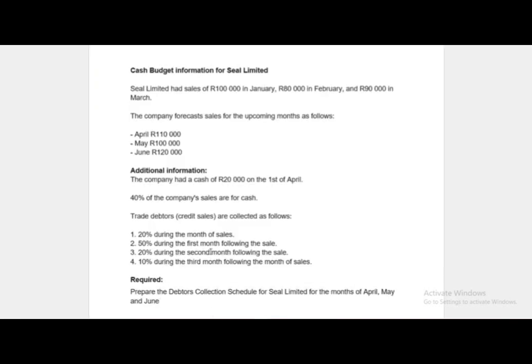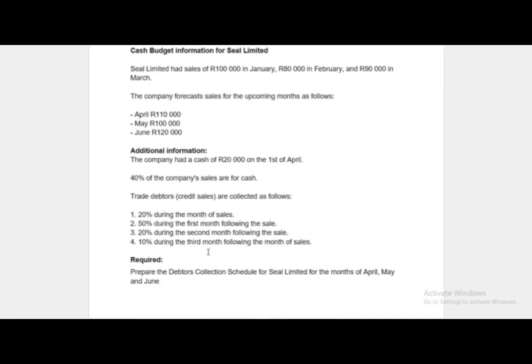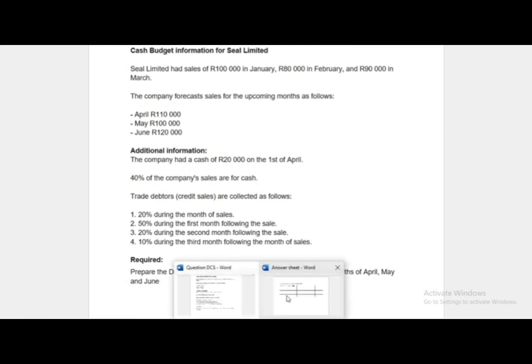Let's check on the answer sheet: for April, May, and June. So here you're going to indicate the months that you are preparing the debtors collection schedule for: April, May, and June. All right.